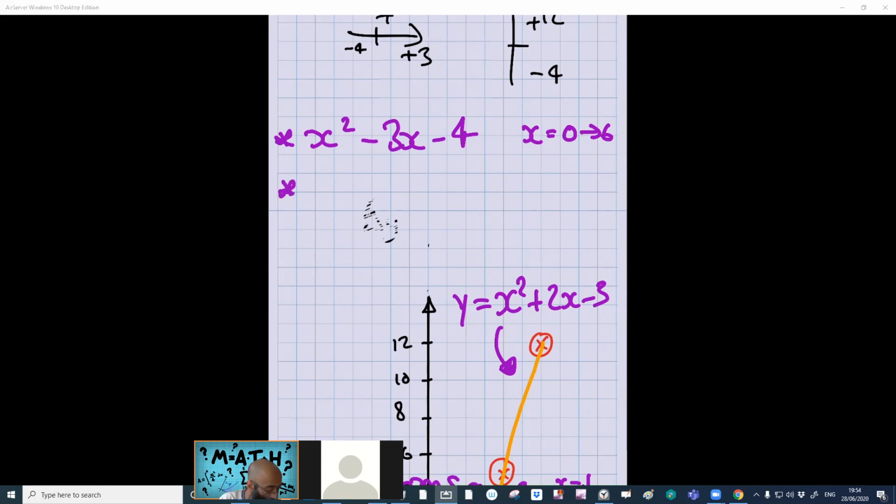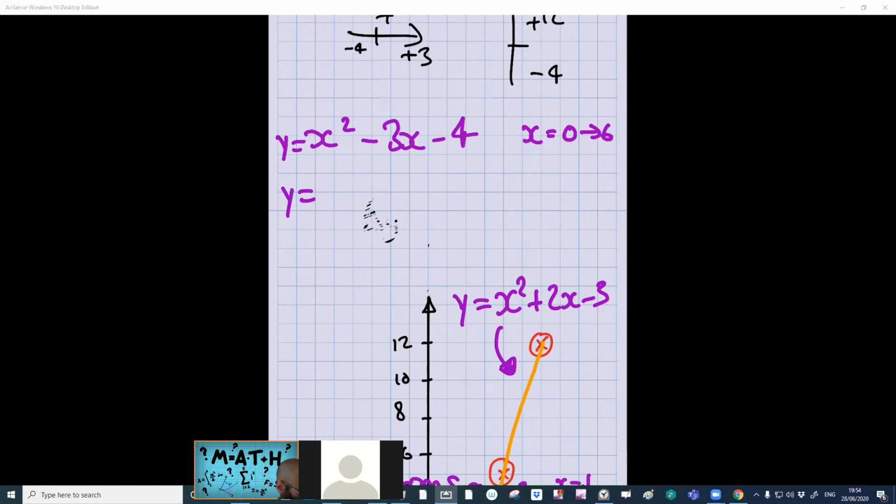And the second one I want you to try is, let's have a look. Okay, so we can get rid of this for the moment and write down the top one, y equals x squared minus 7x plus 7, is it?